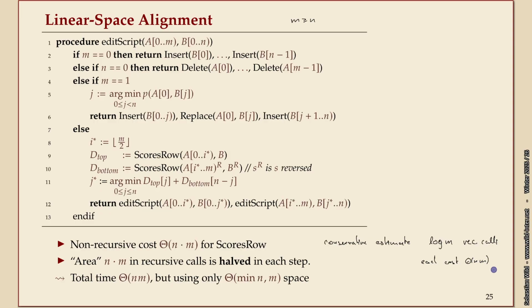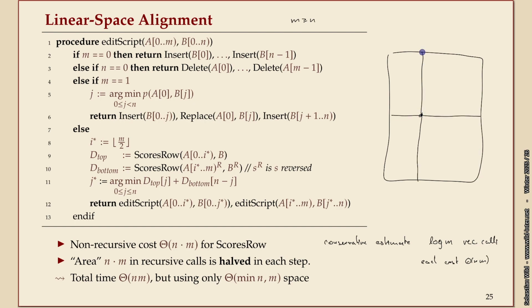But actually, if you look a bit closer, it's better than that because we get rid of half of the matrix in every recursive call. That's because, again, in my picture, if that's your optimal midpoint, the recursive calls only look at this part, and that's precisely half the matrix. So by the standard geometric series, you sum up the full thing, then half the thing, then a quarter of the thing for the recursive calls in total.